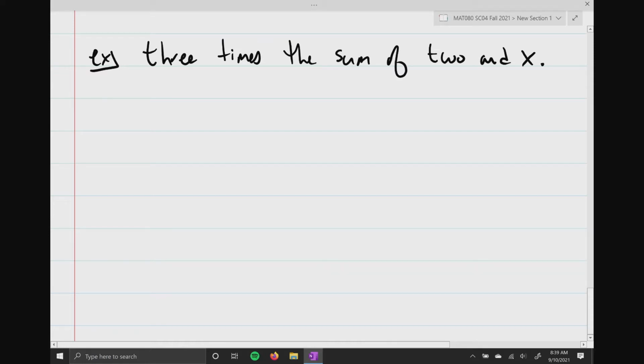Would it be like 3 in the parentheses and then 2 plus the x? Lakendra, let me make sure I'm understanding what you're saying. So you said 3 parenthesis 2 plus x. Is that what you mean? No, the three would be in the parentheses, right? Because it'll be the times. I don't know.